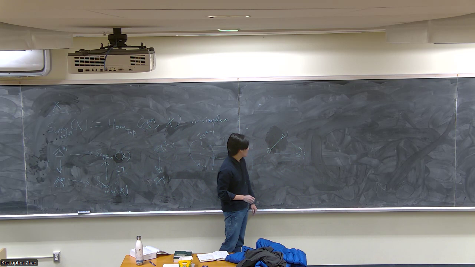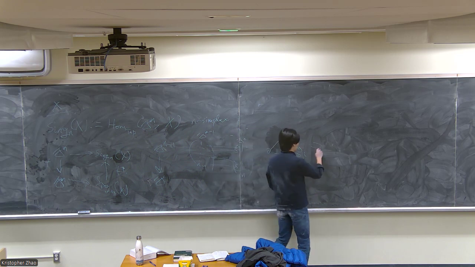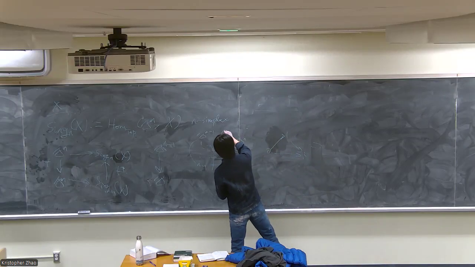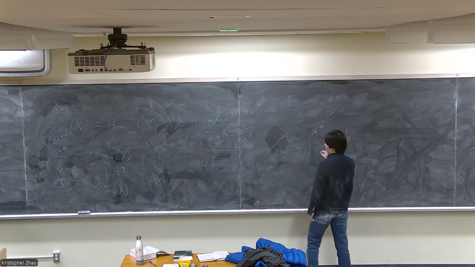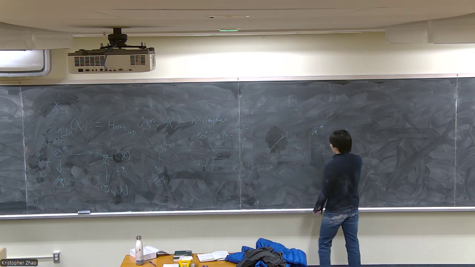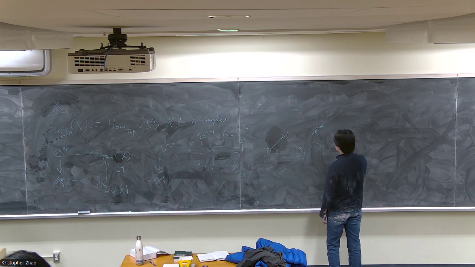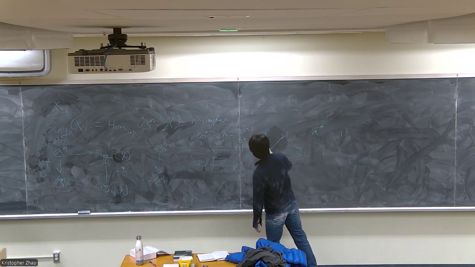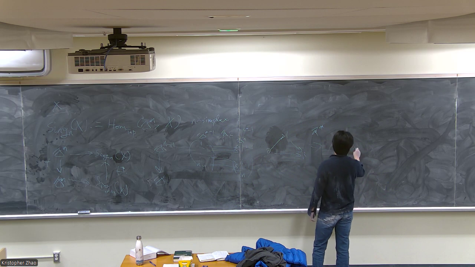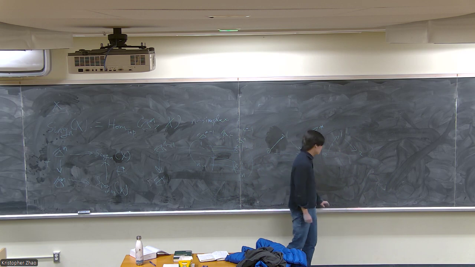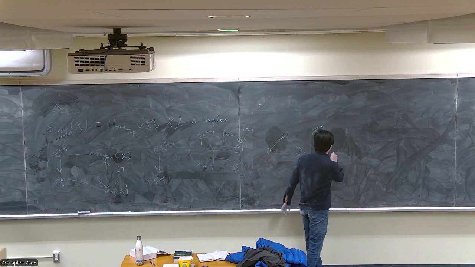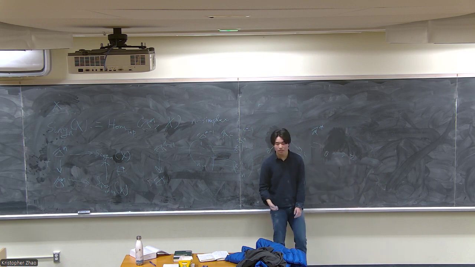If i equals 1, you get 0 and 2, which is a line segment.